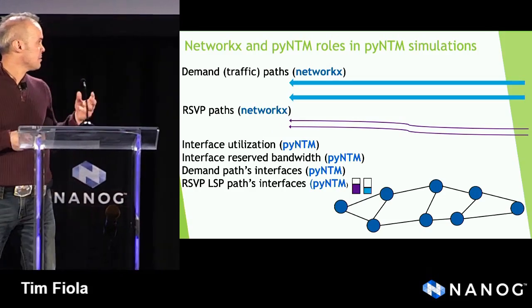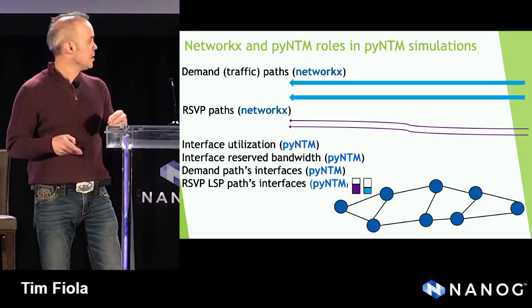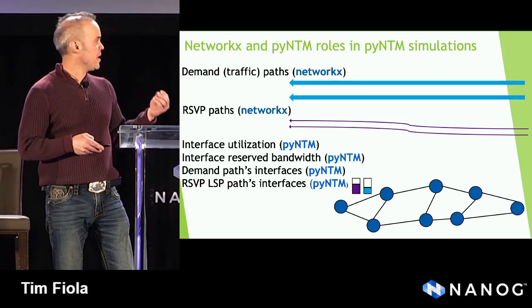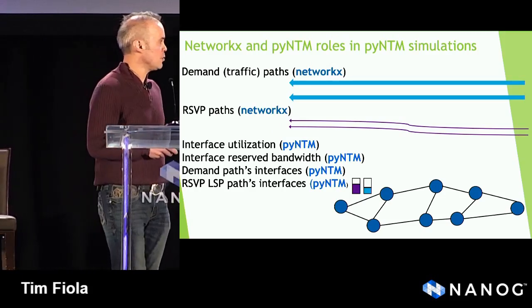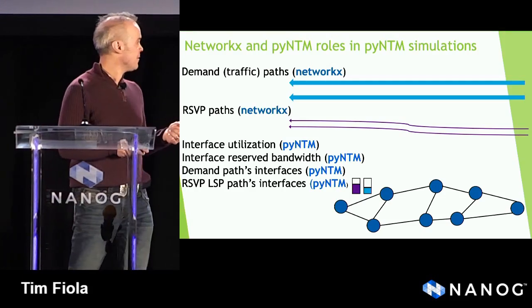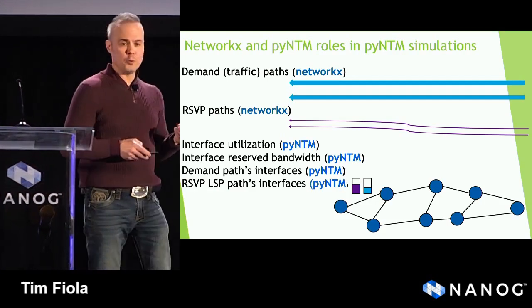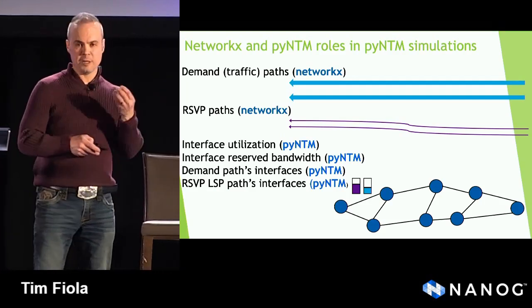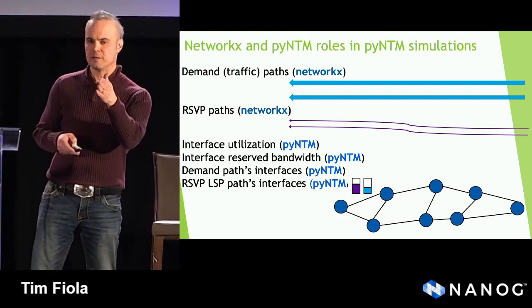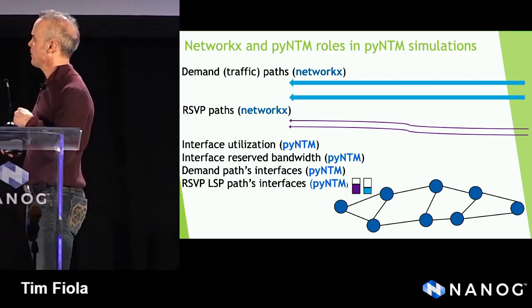Then I use the constructs in the engine to derive interface utilization, to model reserved bandwidth for interfaces, and to model the actual interfaces that the traffic egresses from source to destination.